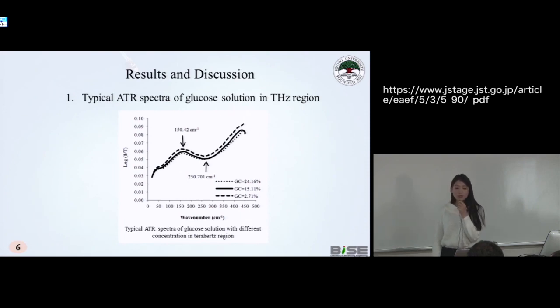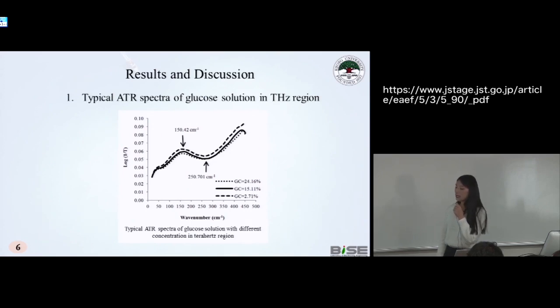This picture shows a typical ATR spectrum of glucose solution in the terahertz region. The peak absorbance was found at 150 and 250 wave number.